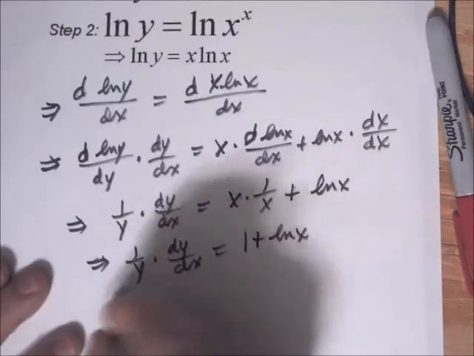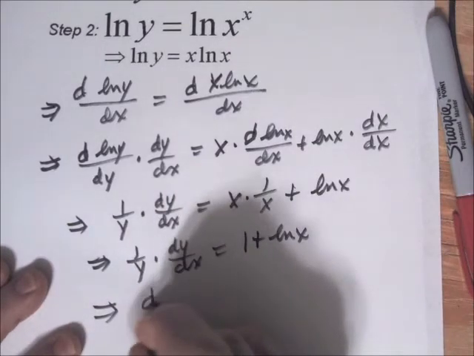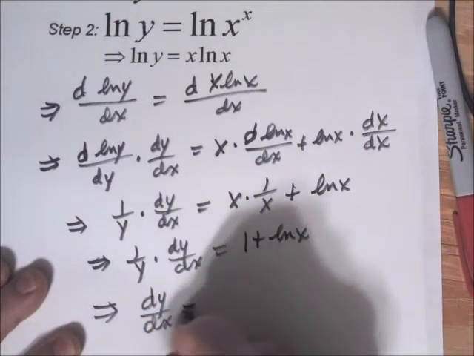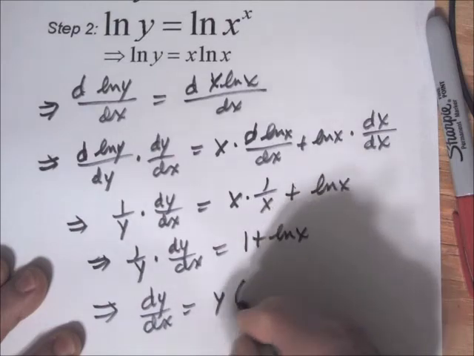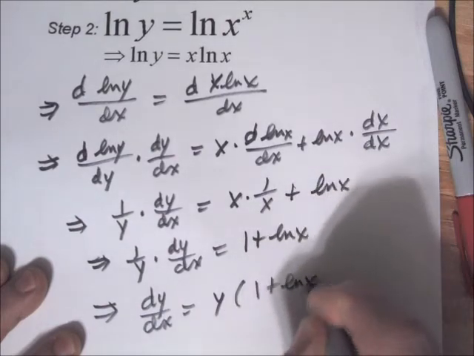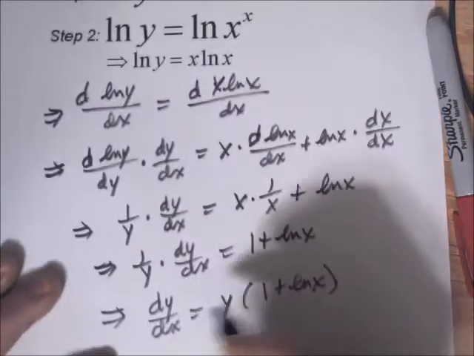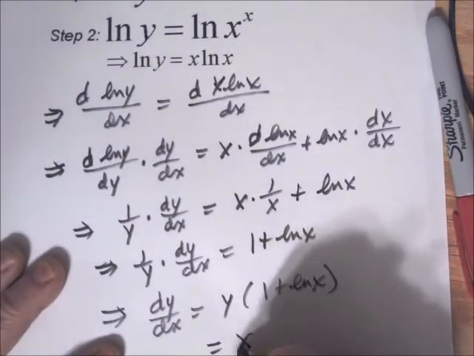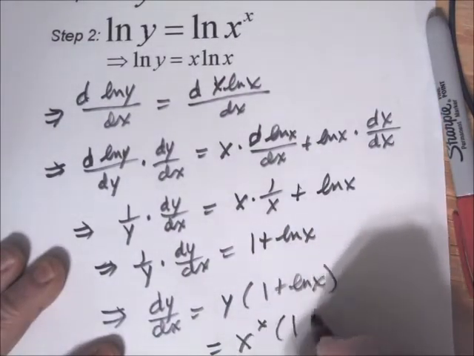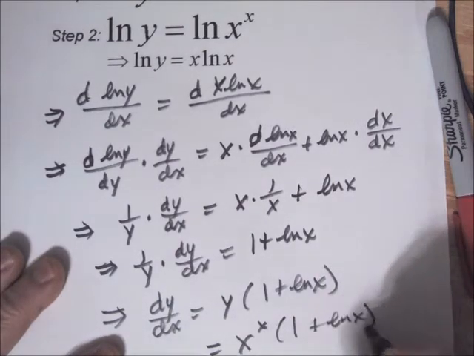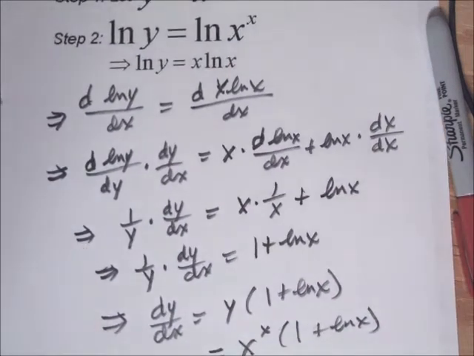Multiply both sides by y, we get dy/dx equals y times 1 plus ln x. And then if we go back to the beginning, y is equal to x to the x. So this is equal to x to the x times 1 plus ln x. Okay. So that gives us the derivative there.